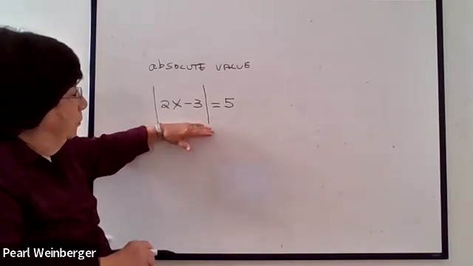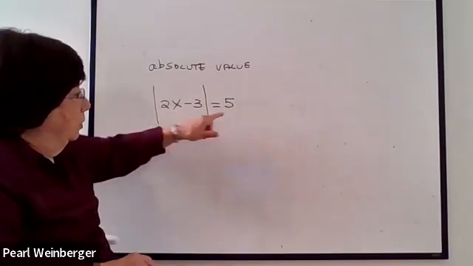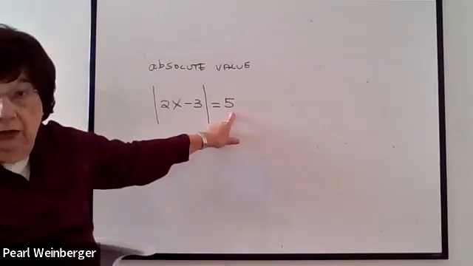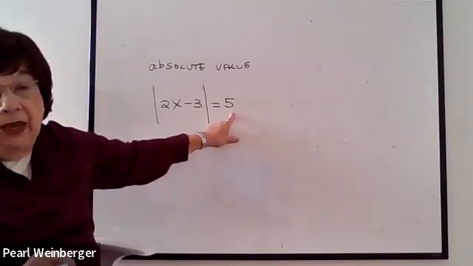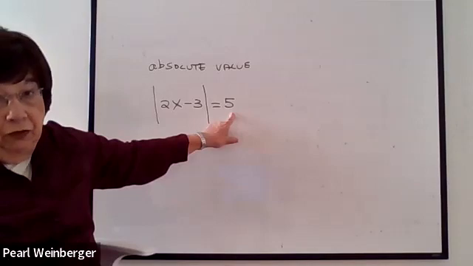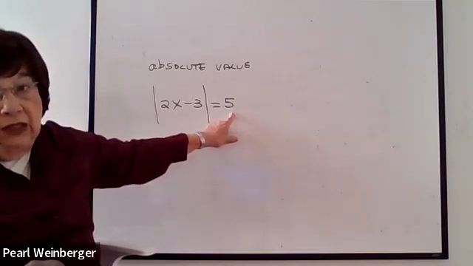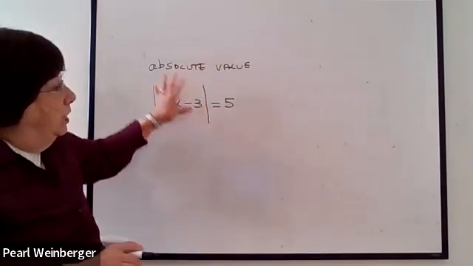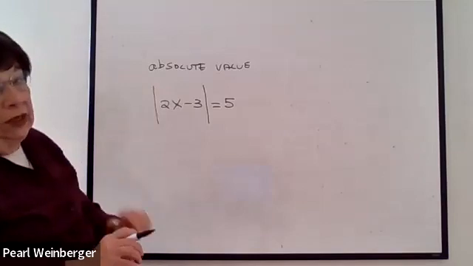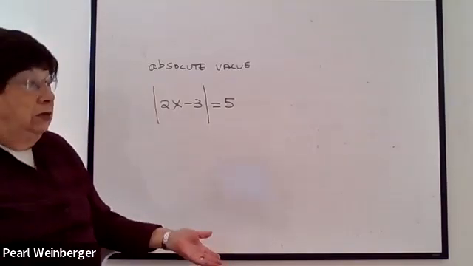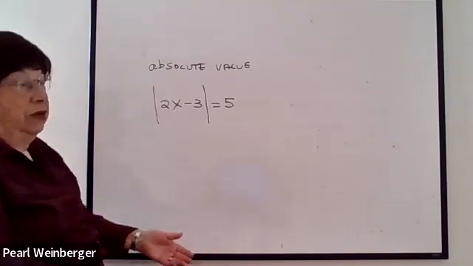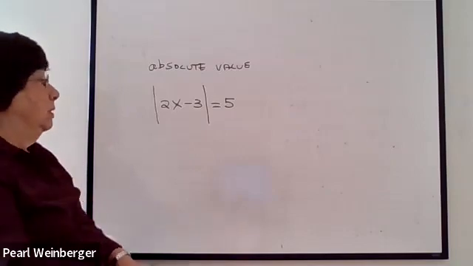Then, once you have your absolute value by itself, look at the number on the other side. If it's positive, you're going to go further. If it's negative, you're going to stop right there because it's no solution. The absolute value can never be equal to a negative number, because that's not what the definition of an absolute value means.